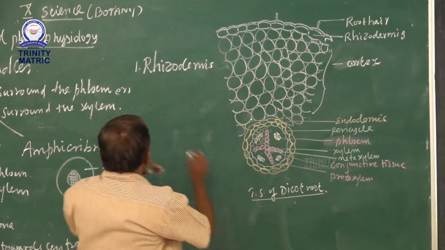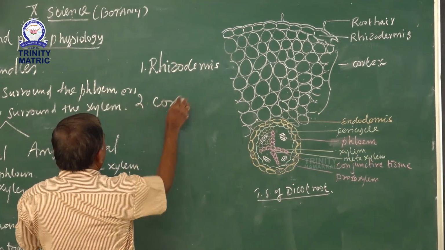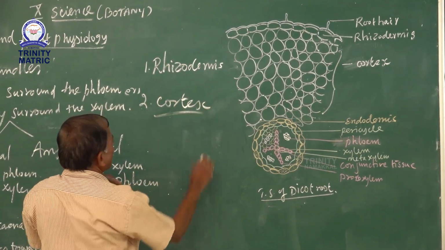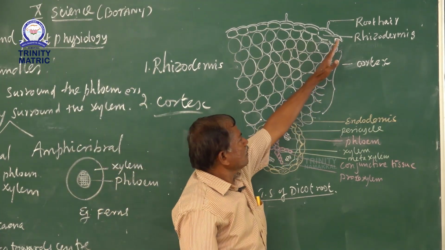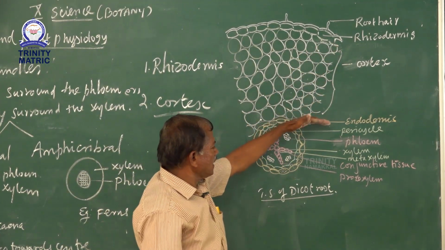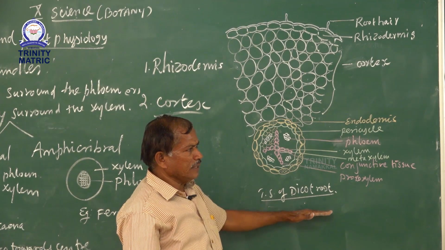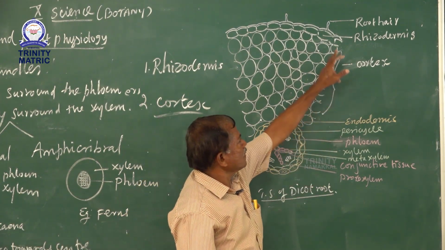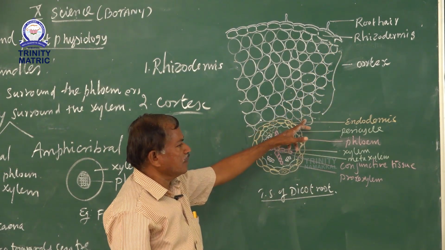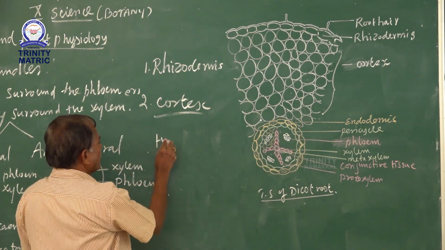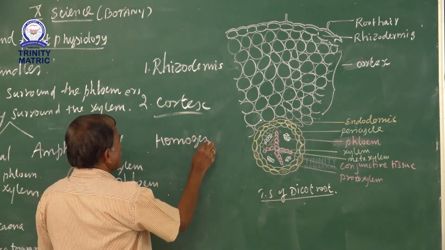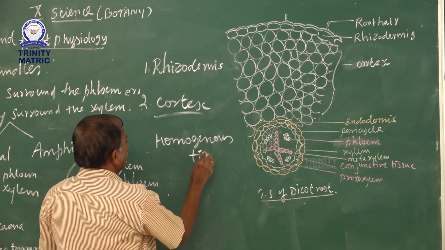Next one is called the cortex region. In the dicot root, the cortex is made up of only one type of tissue, termed a homogeneous tissue.